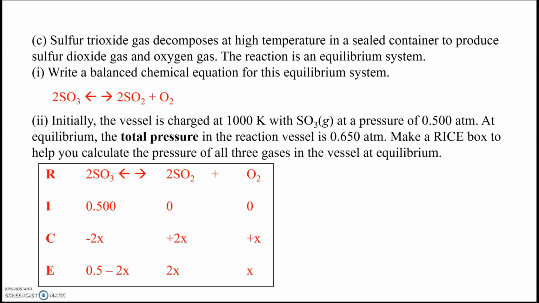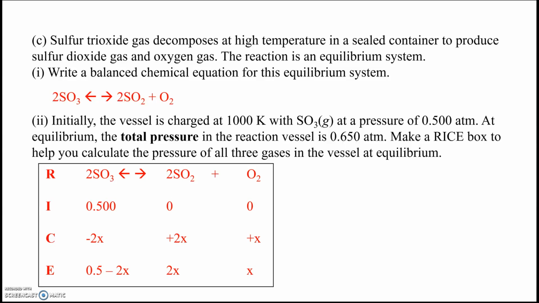We don't know how much reacts, but we can calculate it. Now, when I get to equilibrium, I'm merely taking the initial quantity plus the change. So for every compound in this reaction, I just do a little addition and subtraction. So for sulfur trioxide, I get 0.5 minus 2x. For sulfur dioxide, I get 0 plus 2x, or just 2x.